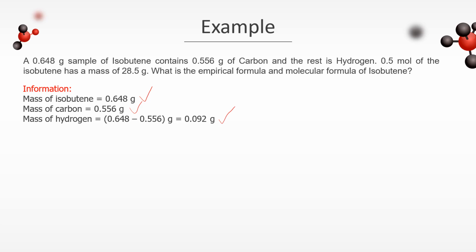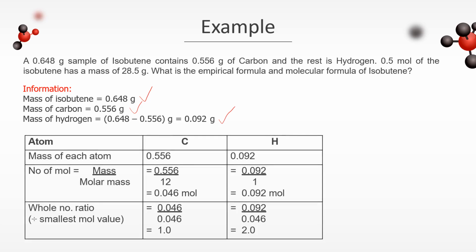Then what we need to do next is tabulate the information in a table. Here we have the atoms carbon and hydrogen, the mass of each atom, and we have to calculate the number of moles for each atom, using the formula mass divided by molar mass.